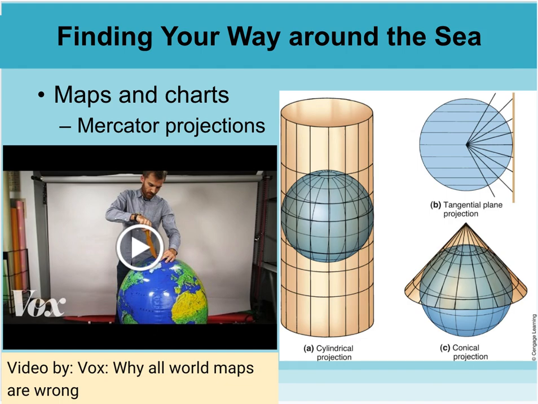So when we try to navigate where we are in the ocean, we use different maps and charts. And I love this video by Vox called Why All World Maps Are Wrong.